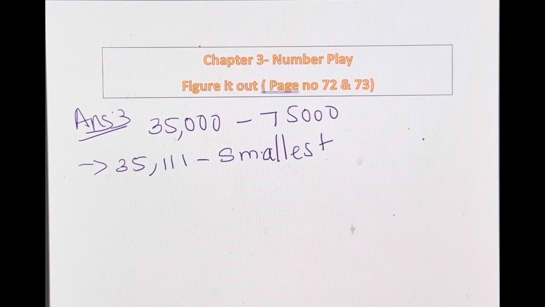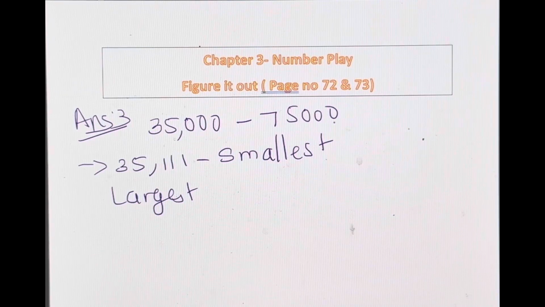Now, to get the largest number, we need to go below this 75,000. Here 7 and 5 are both odd, but 0, 0 is not odd, it is even. So any number in the range of 75 is not possible. If we go just below, it will be 74,499 like that, but 4 is even, so we can't consider that.